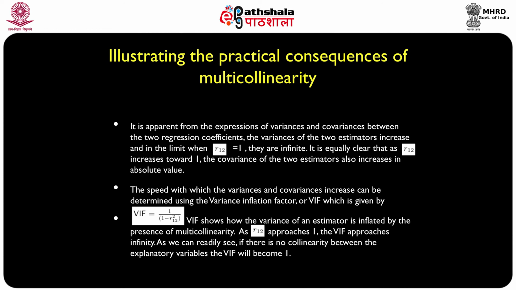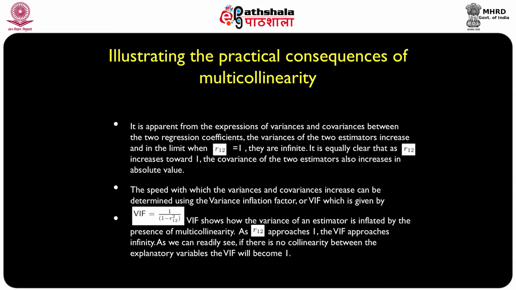Now it is apparent from the expressions of variances and covariances of the two regression coefficients that the variances of the two estimators increase, and in the limit when r12 equals 1, they are infinite. It is equally clear that as r12 increases towards 1, the covariance of the two estimators also increases in absolute value.